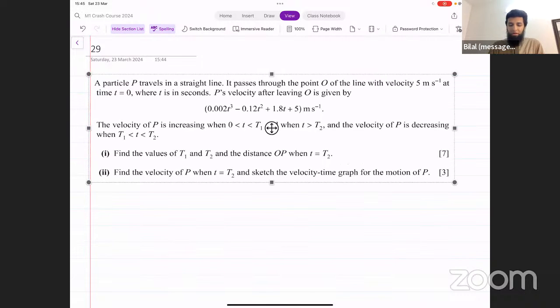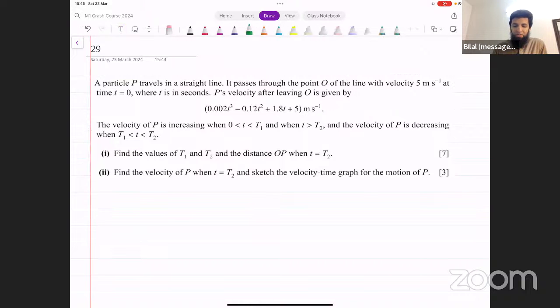Okay, so it says a particle P travels in a straight line. It passes through the point O of the line with velocity 5 meters per second at time t equals 0. So there's some point O here.